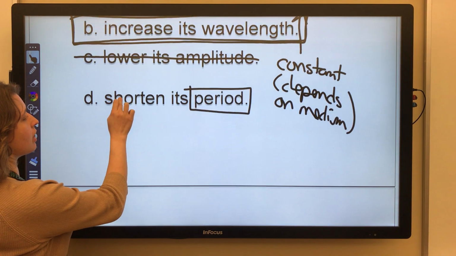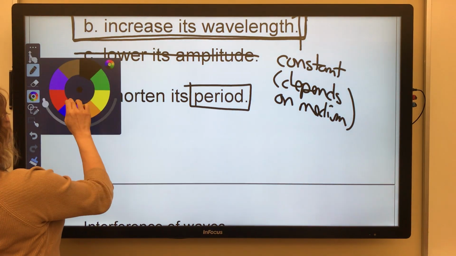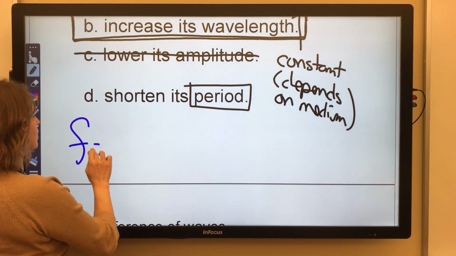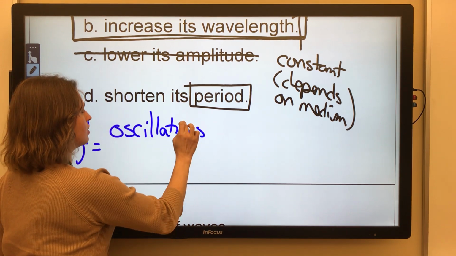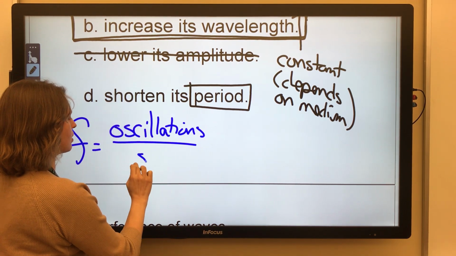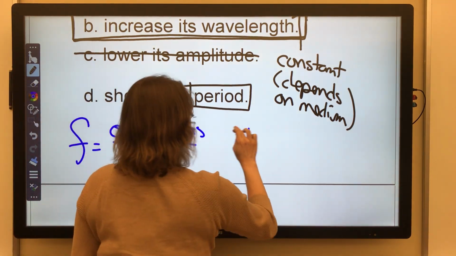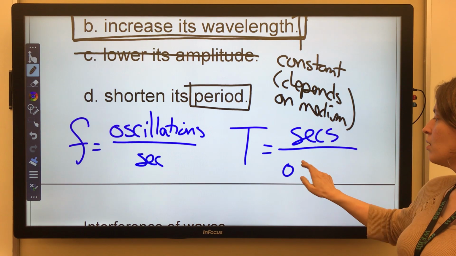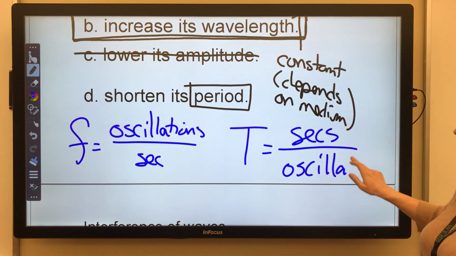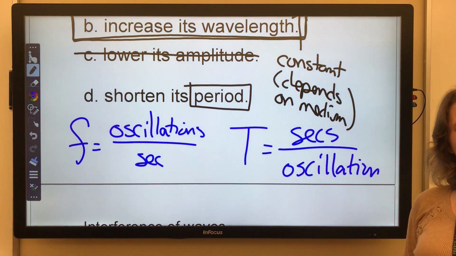So let me write this out for you. I think that's worth noting. Frequency equals oscillations per second. Period is seconds per oscillation. See the difference? They're not the same.